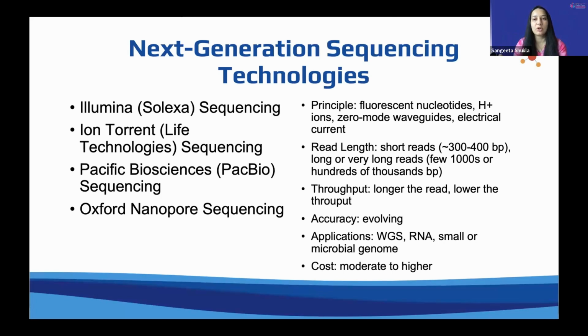Based on all these technologies and principles, it's possible to find out maybe a length of 300 to 400 base pairs of nucleotides in one read. Or if the instrument is more evolved, it can read up to a few thousands or hundreds of thousands of base pairs at a time. That's called the read length of the nucleotide.